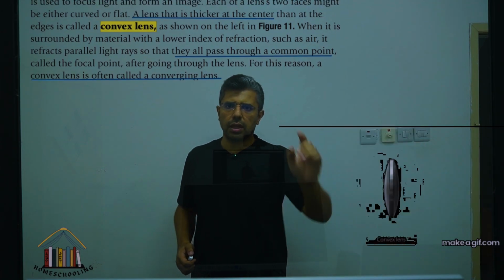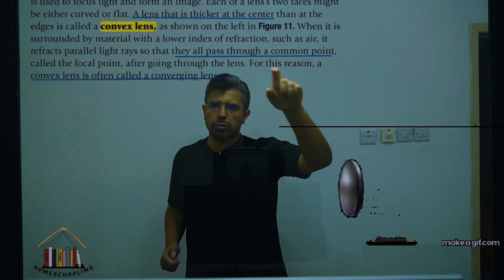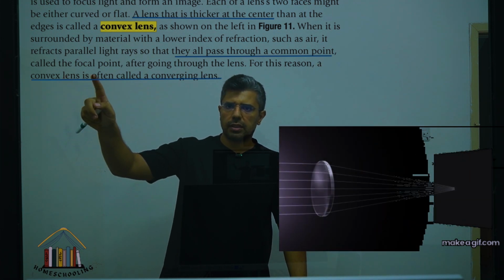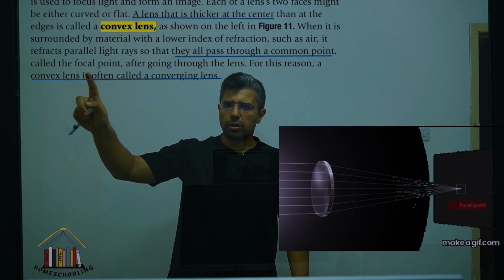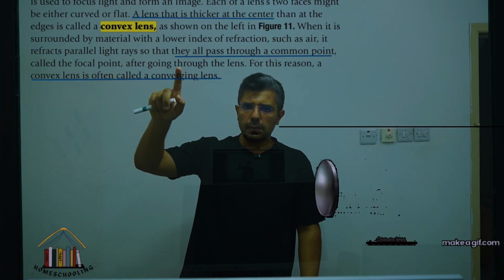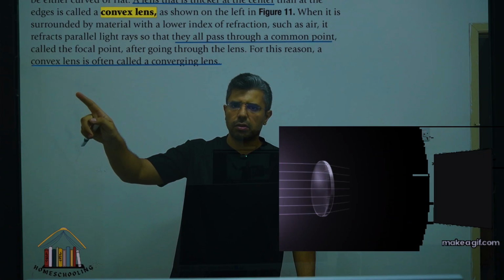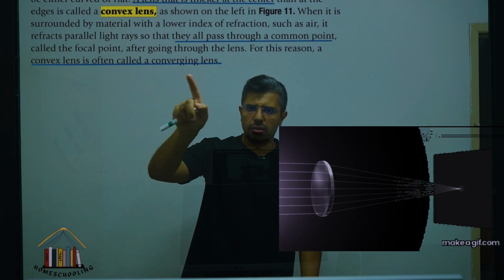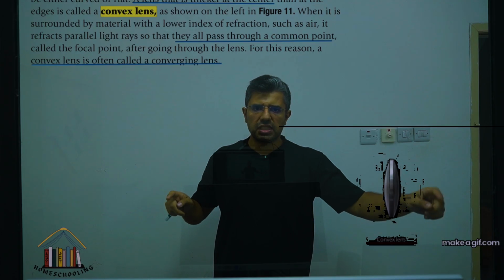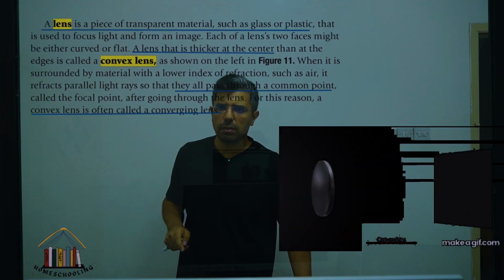As we read together, the light passes through a common point called the focal point, which we'll talk about in detail in this lesson. For this reason a convex lens is called a converging lens, because it converges all the light to just one point.